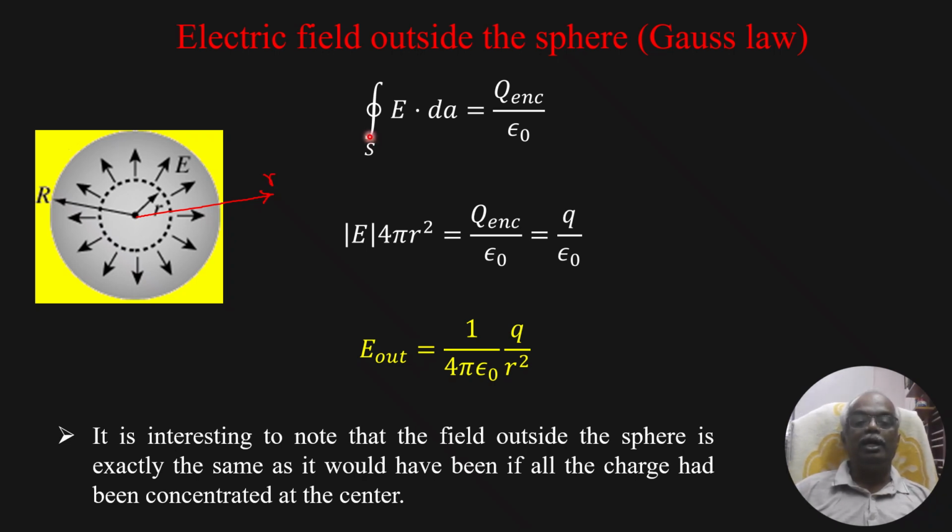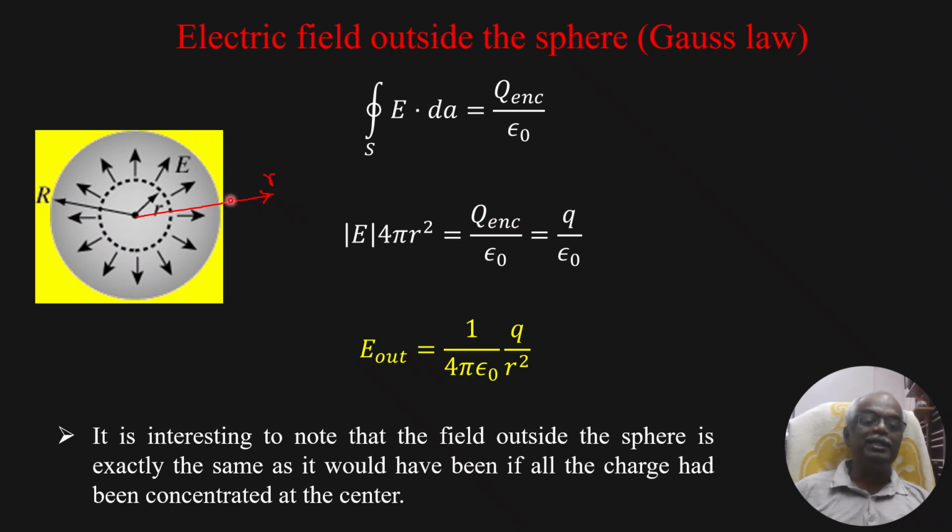According to the integral form of Gauss's law, the surface integral of E dot dA is equal to the charge enclosed over epsilon naught. Integrating the left hand side, you get modulus E times 4 pi r squared, because the area is 4 pi r squared. Remember that this r is outside the sphere.